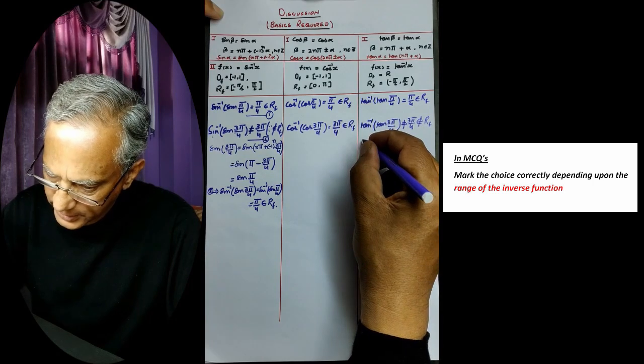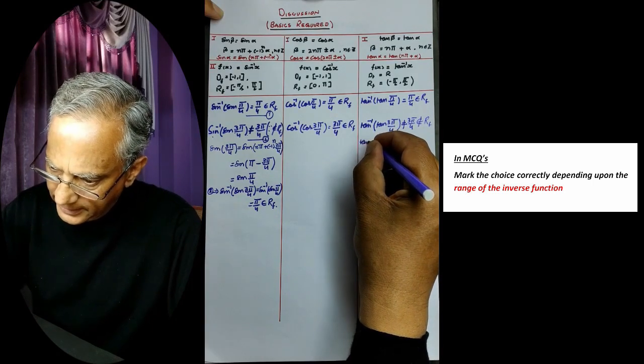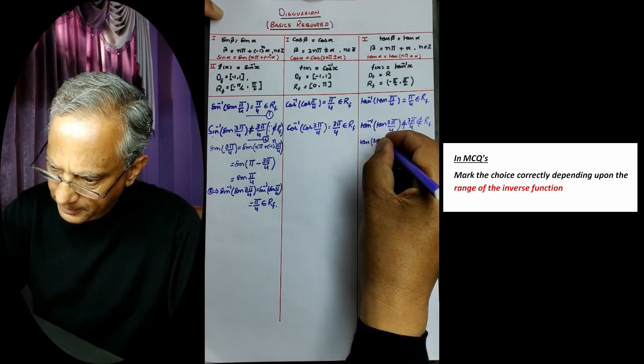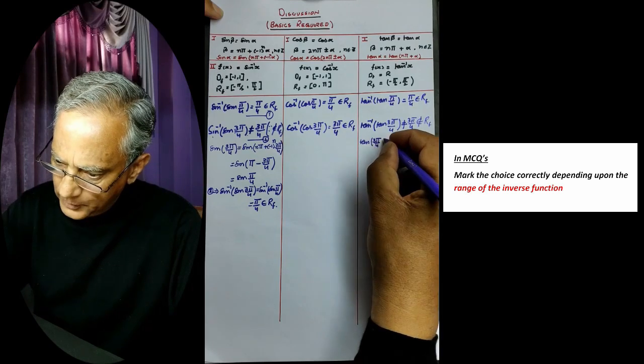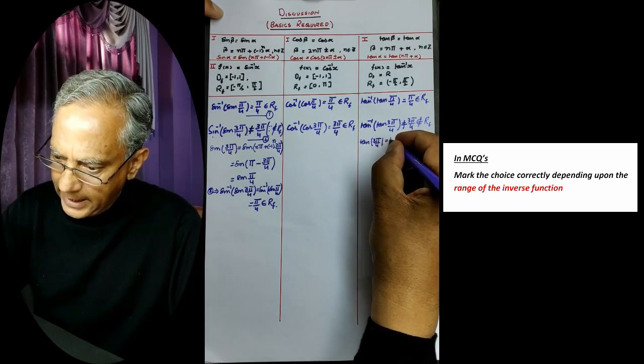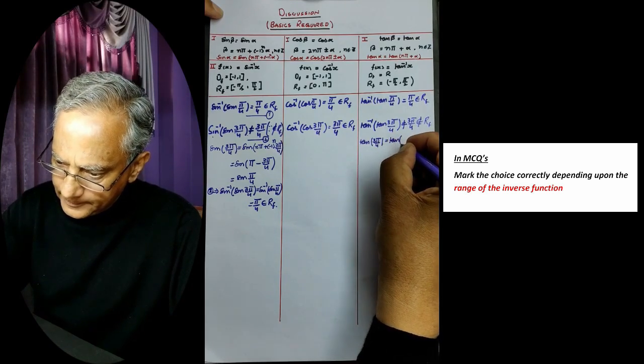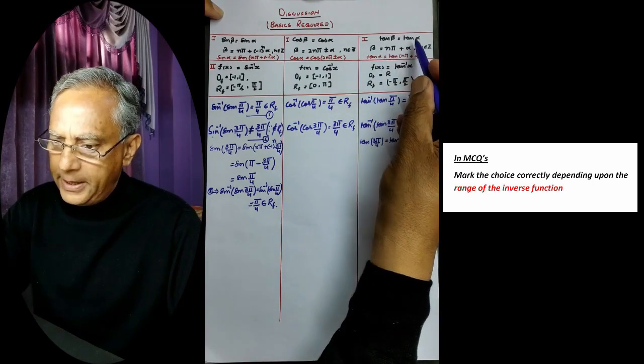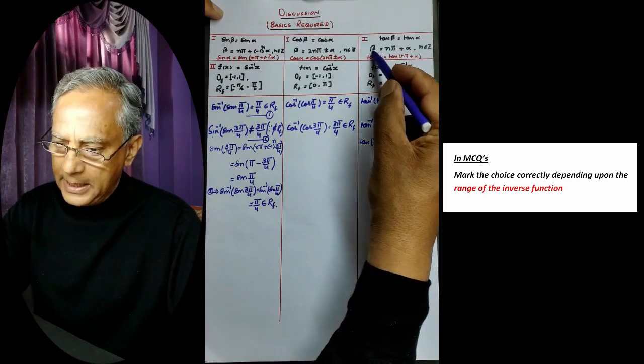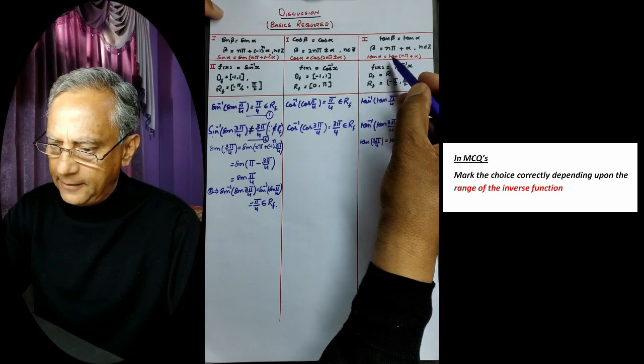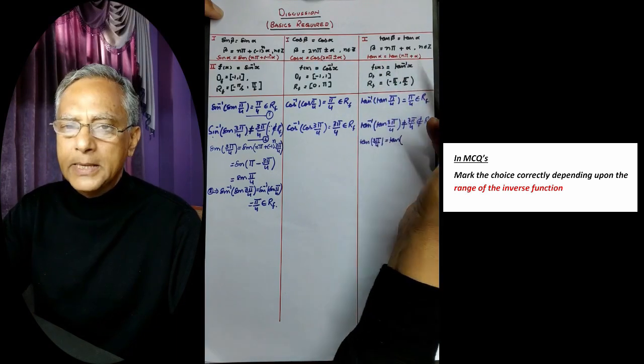So what we do is we write tan of 3 pi by 4 is equal to tan of, now tangent of beta is equal to tangent of alpha implies beta is this much. That is tangent alpha is tan of n pi plus alpha.